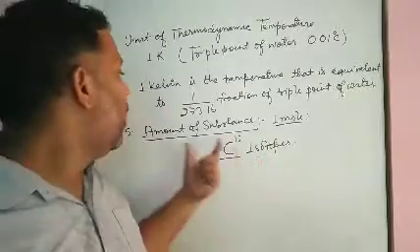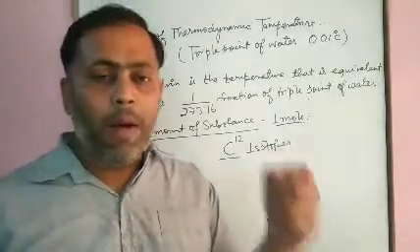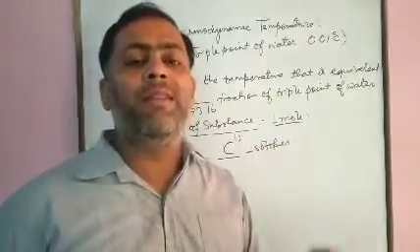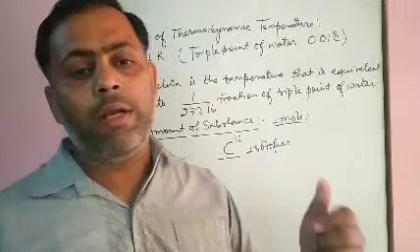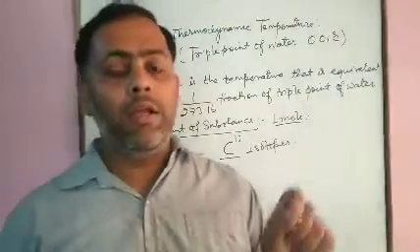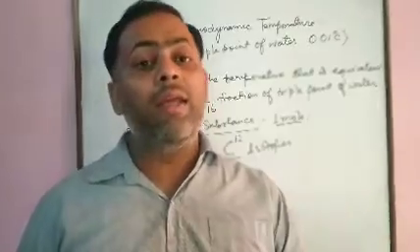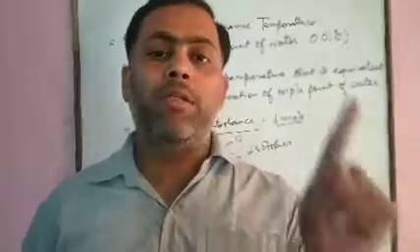It means, how to define 1 mole? We have studied in class 9. It means the amount or the particles that are contained in 12 gram of carbon 12 is termed as 1 mole.